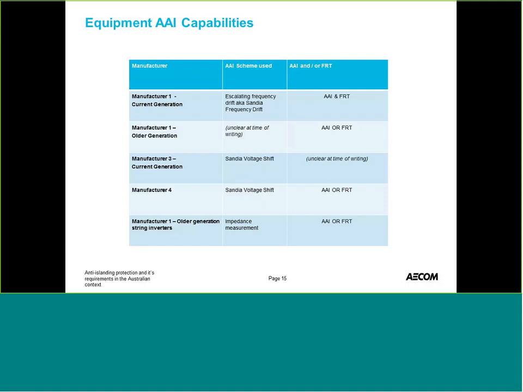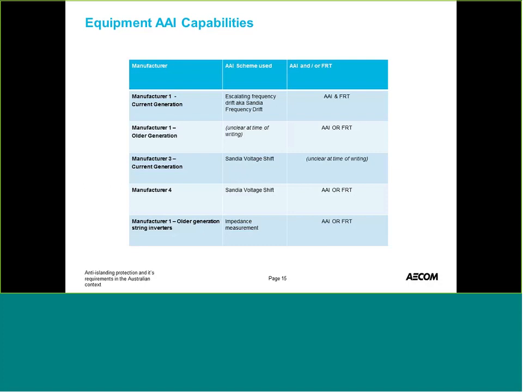One manufacturer is using the escalating frequency drift, also known as Sandia frequency drift, for active anti-islanding and fault ride-through. That manufacturer's older generation wasn't clear what scheme they had, but you could only do one or the other. It couldn't do active anti-islanding and fault ride-through, so you really had to choose which was most important. Another manufacturer's current generation uses standard voltage shift.